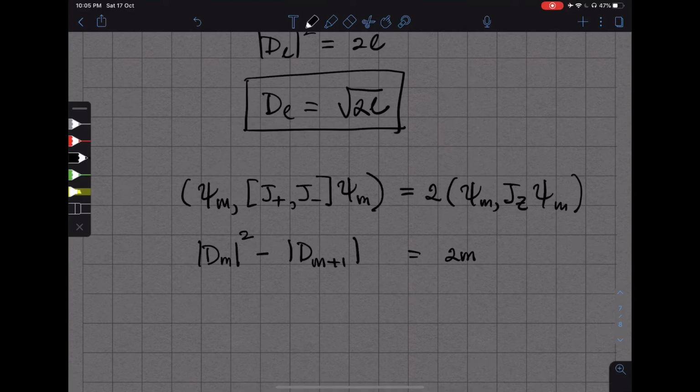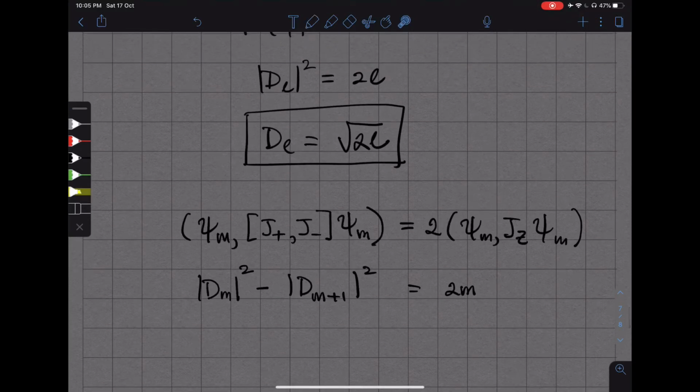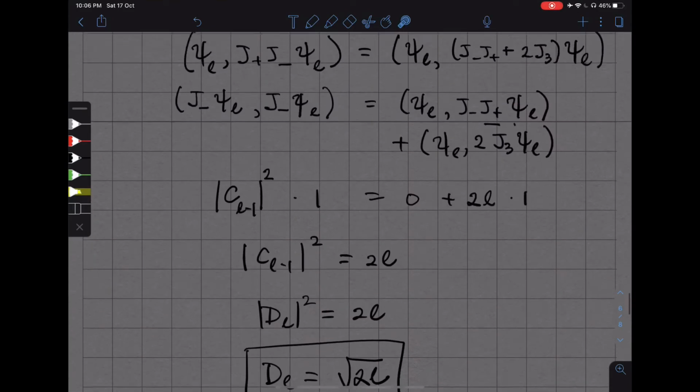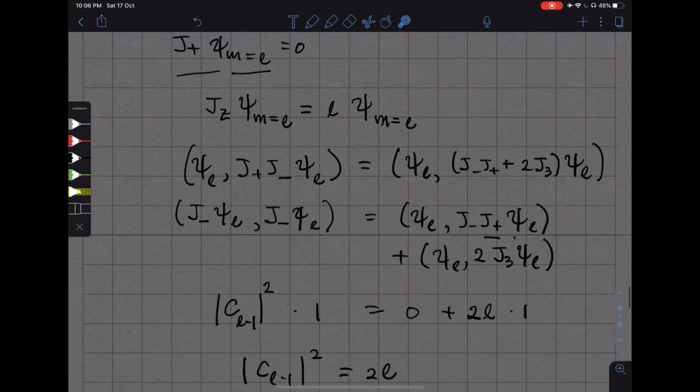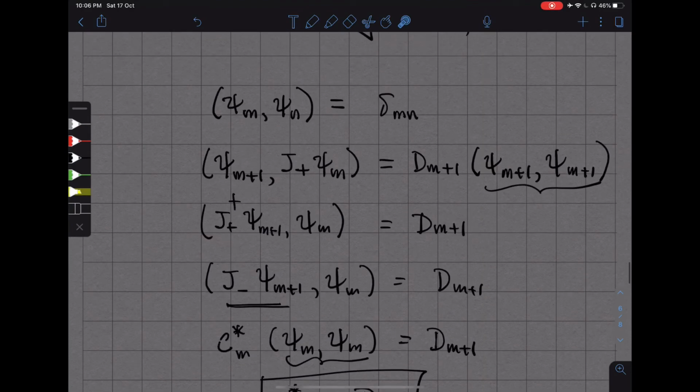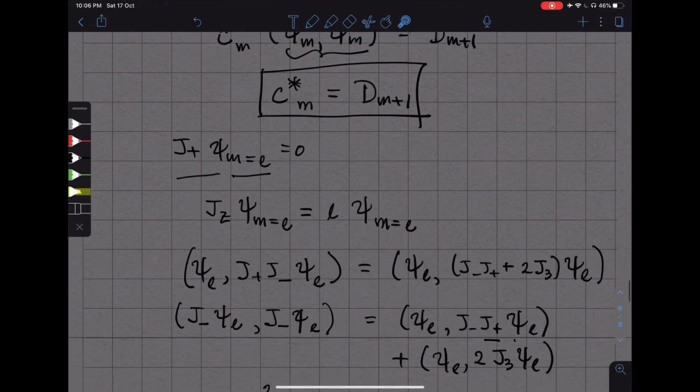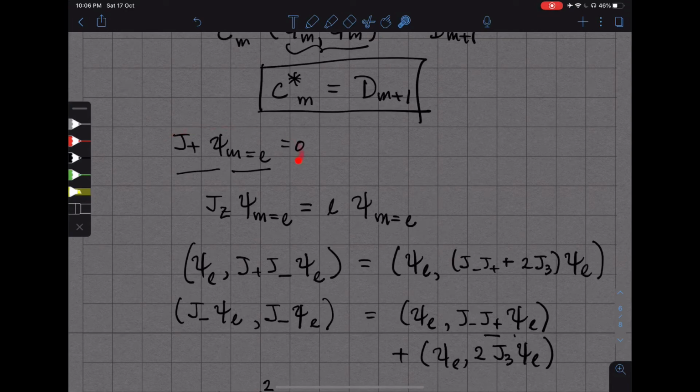|D_(m+1)| squared. So in the previous case, what happened was that we put m equal to L, and because L is the highest value that m can take, this term was 0. This term was annihilated, so this came into play.